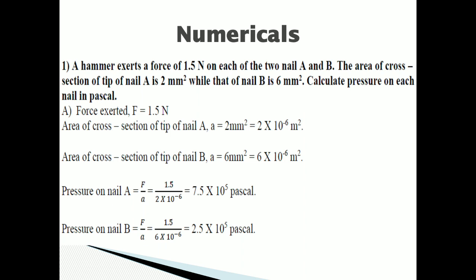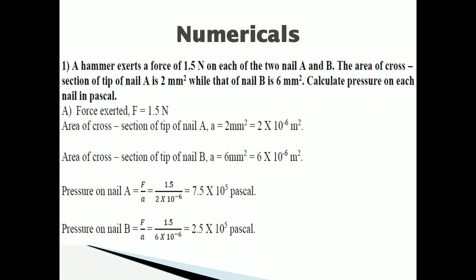As soon as it goes to the numerator, we will be getting 0.75 into 10 raised to 6 Pascal. We can write this in this manner as well. We can shift the decimal point by 1 and make it 7.5. As we have shifted 1 point, we subtract 1 from 10 raised to 6, so we get 10 raised to 5. So the final answer is 7.5 into 10 raised to 5 Pascal.